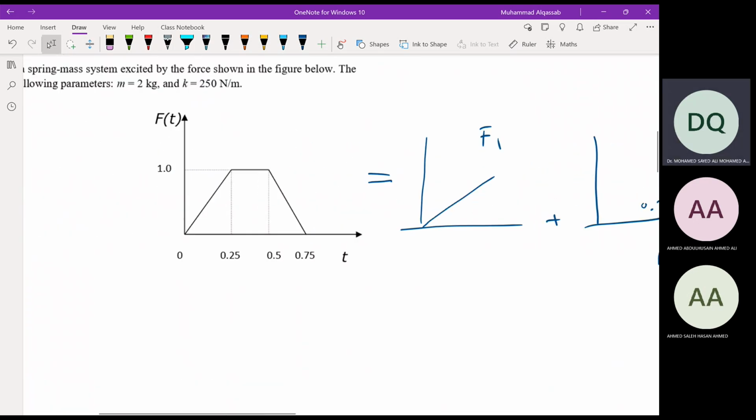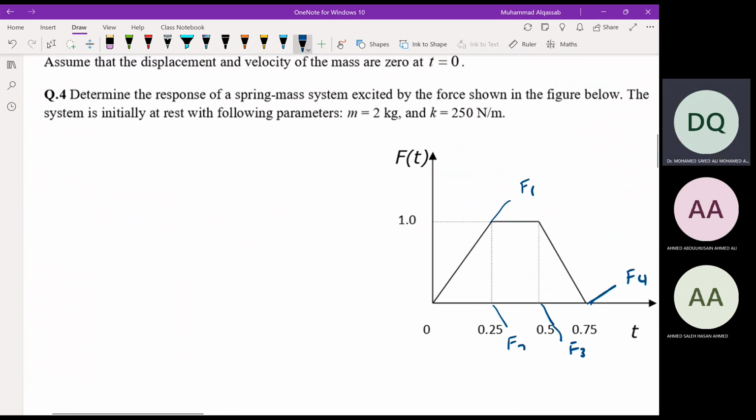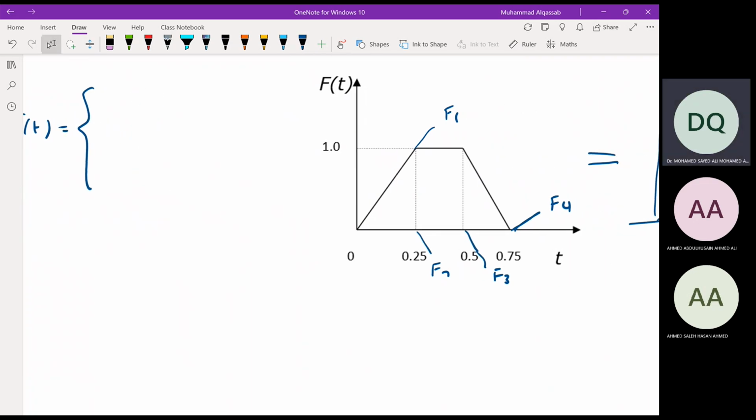You can do this also here. This will be F1, this will be F2, then F3, and this will be F4. The first thing you have to do is write f of t. If this is not given, you write it as a piecewise continuous function. So we have f of t as a ramp from 0 to 0.25, so this is 1 over the slope times t, valid for t less than or equal to 0.25.